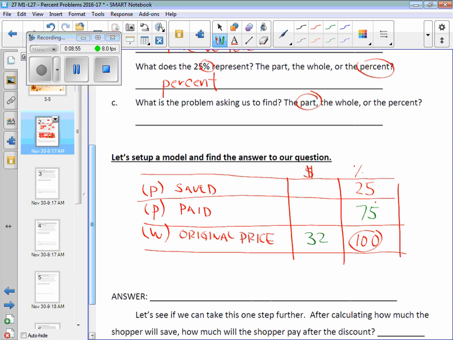They're asking us to figure out how much would you save and then how much do you pay. We've got to be able to figure out one of these two boxes using math. What can we do? Craig.